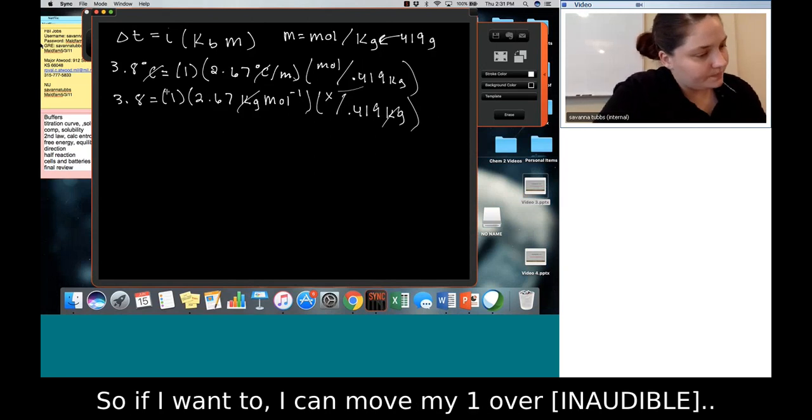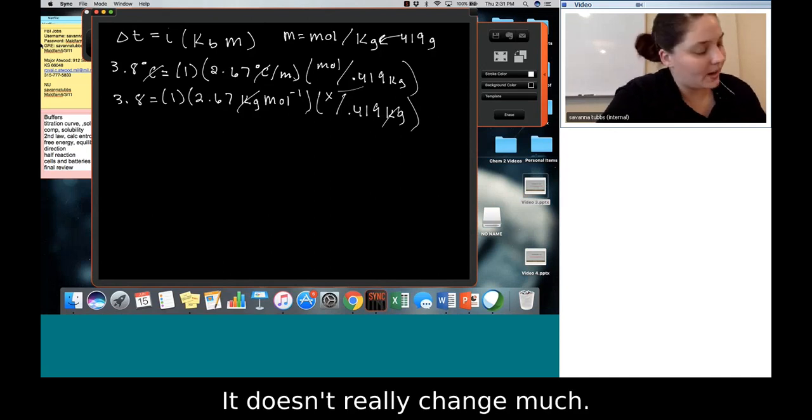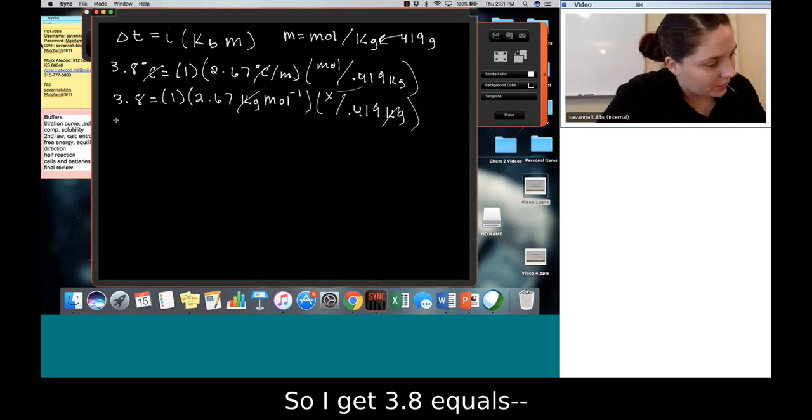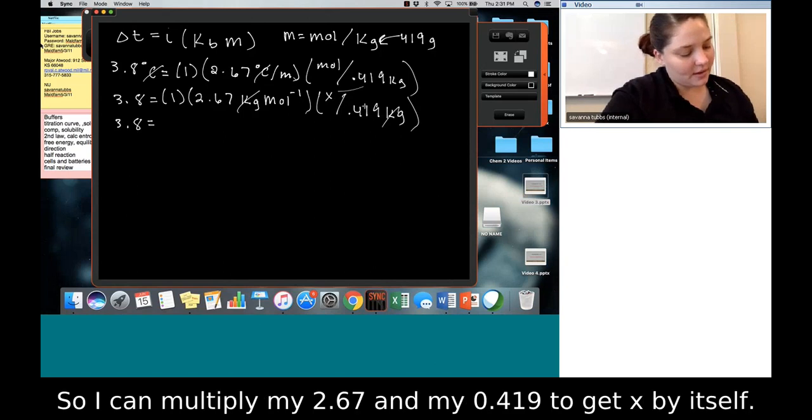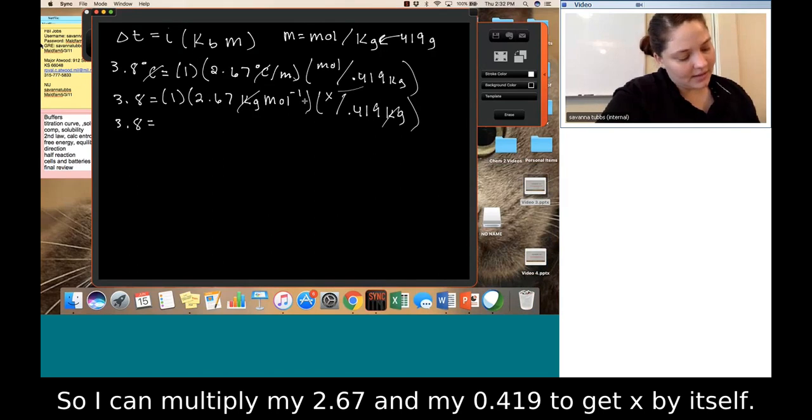So if I want to, I can move my 1 over. It doesn't really change much. So I get 3.8 equals, I want to try to get my x value by itself, so I can multiply my 2.67 and my 0.419 to get x by itself.